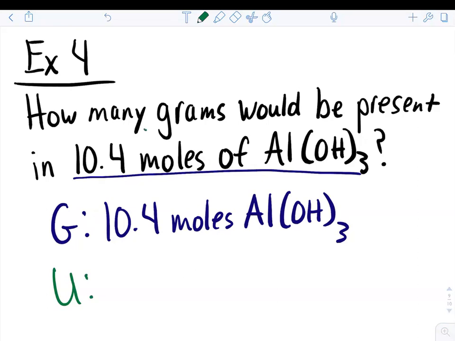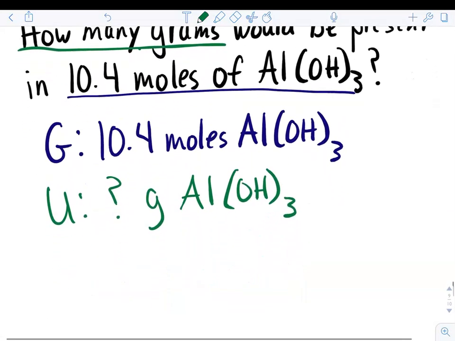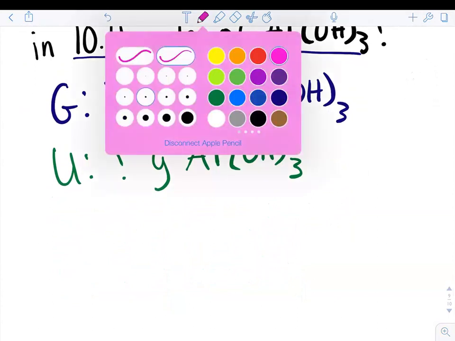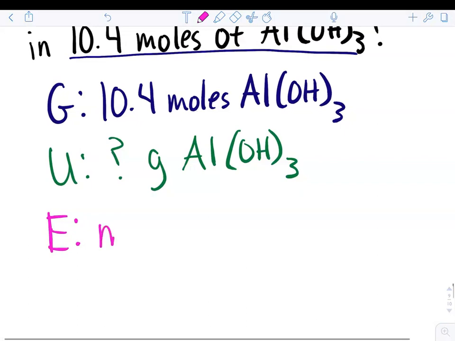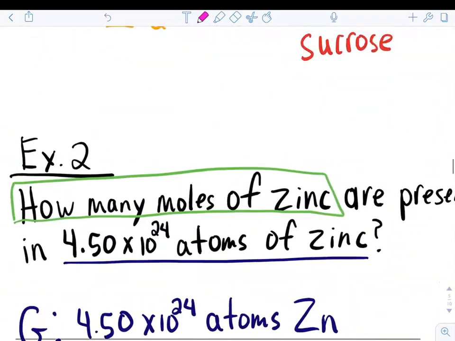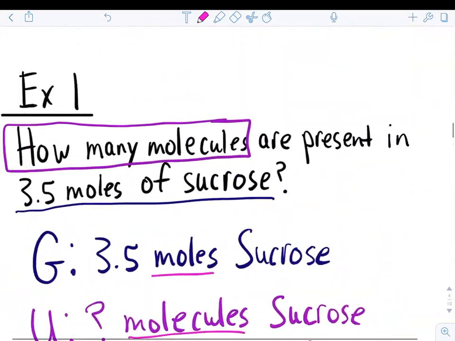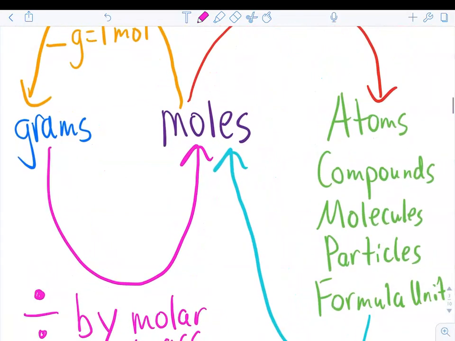And in this case, it's how many grams of our Al, aluminum hydroxide. Okay. Then we do our unit setup. So we're going to start with moles. And then we're going to go to grams.